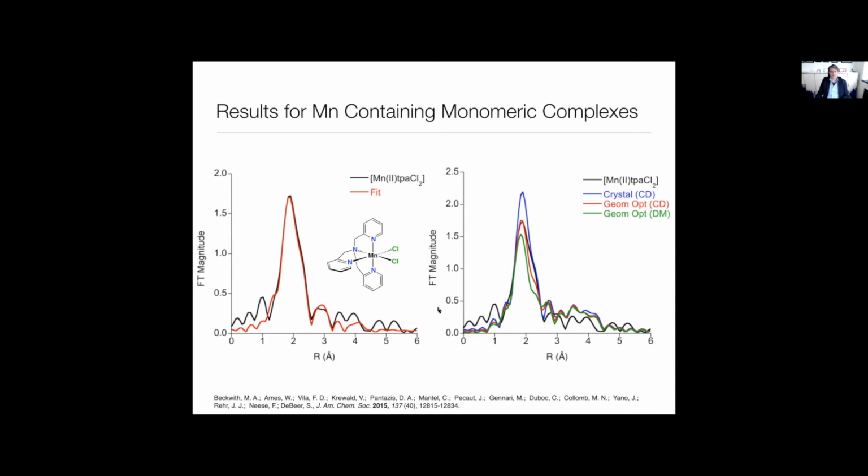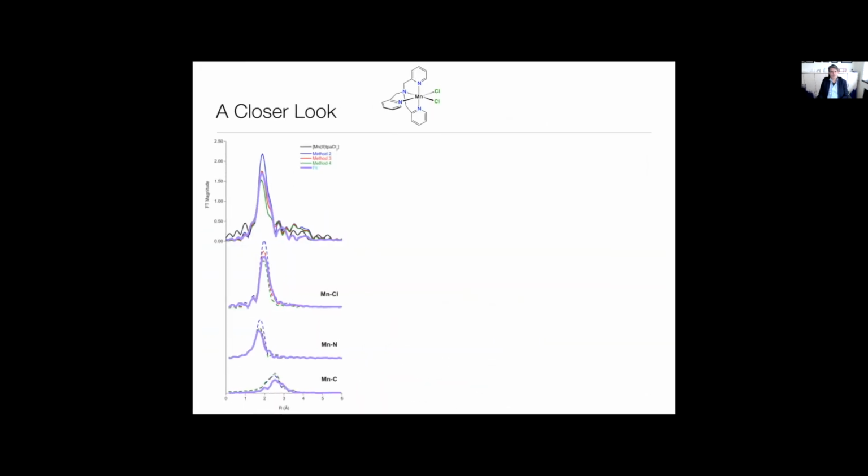You see here in black is the experiment, and red is the fit. Then in blue and green are two different calculations of the EXAFS spectrum, purely from DFT. I would say that's not really bad. And in the paper, we go into detail comparing them.